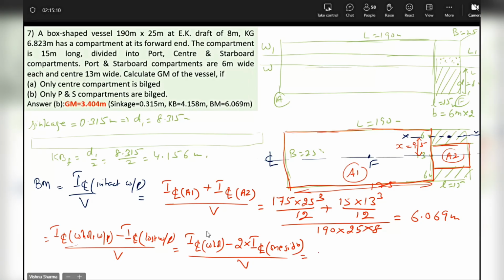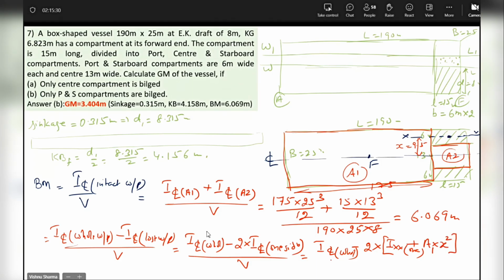This will be equal to ICL of the whole water plane minus 2 into, now by theorem of parallel axis, Ixx of one area plus one area into x square.